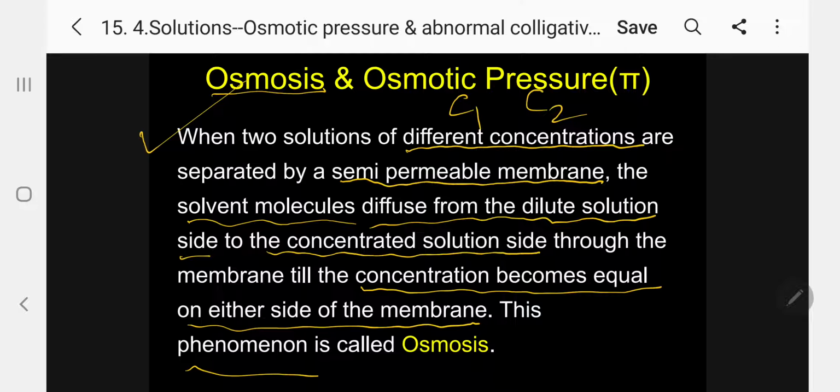This phenomenon is called osmosis. Please remember, very interesting definition.